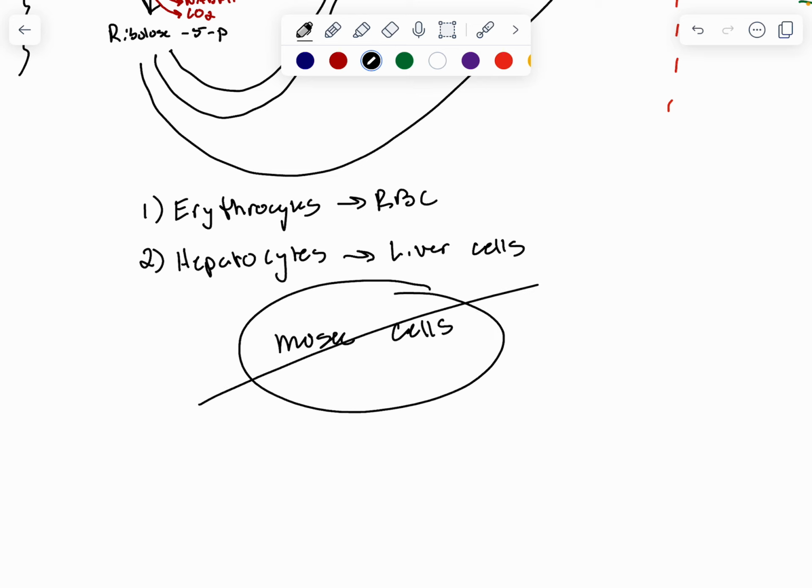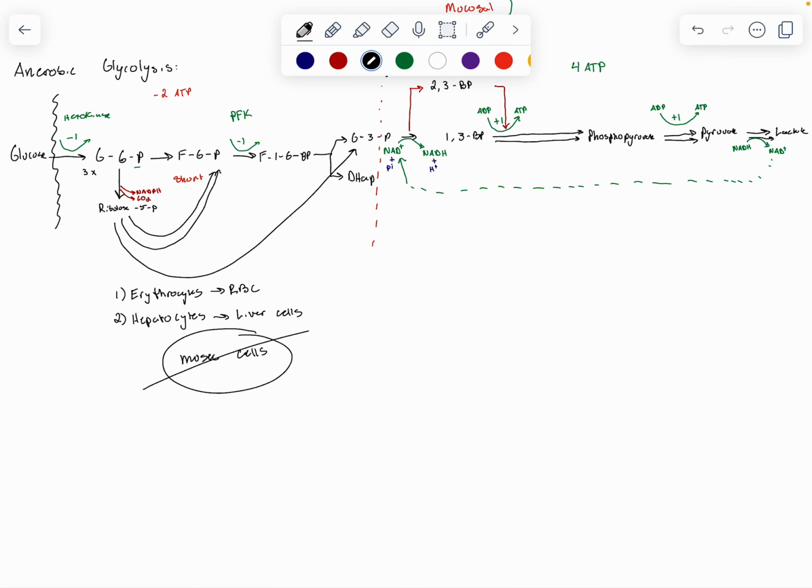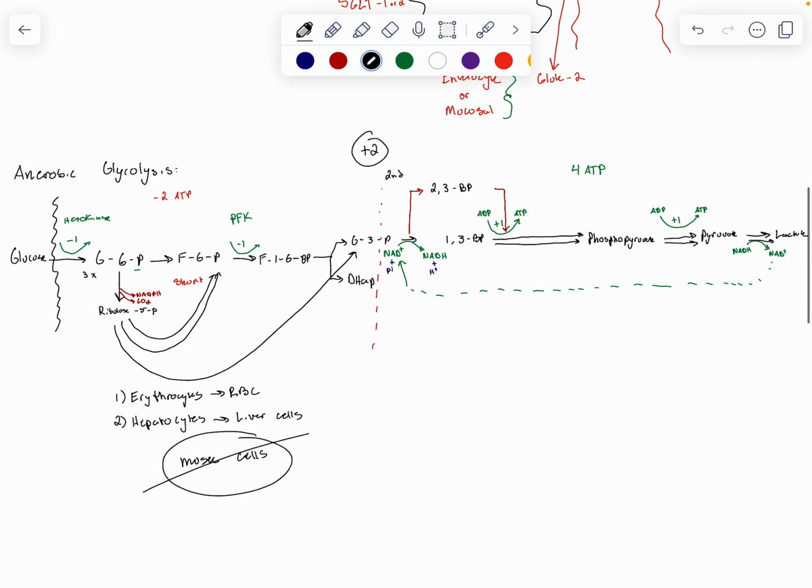So when it comes to locations, again, these are huge locations to know: what cells have what function in pertinence to some of these processes. So the pentose shunt pathway only happens in erythrocytes and hepatocytes. Furthermore, it does not use or consume any ATP, so it is not going to affect our overall ATP count that we already have going right here.